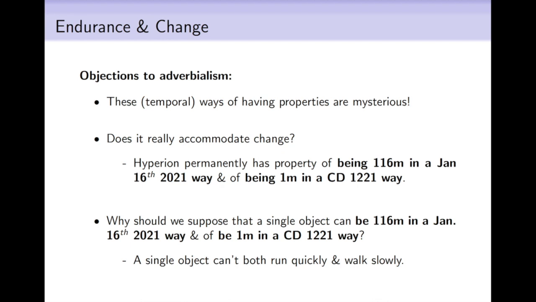What exactly is it for Hyperion to have the property of being 1 meter tall in a Christmas Day 1221 sort of way? If you're around in 1221, you could go and measure Hyperion and confirm that it is 1 meter tall on this day. But is this really a way of having the property of being 1 meter tall in the way that quickly is a way of running?